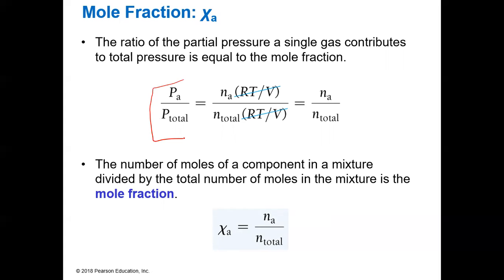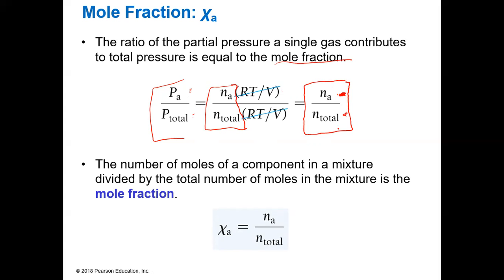But I could substitute in for the fact that the only difference between my P_A and my P total is the number of moles, because again, RT over V is the same for the whole mixture. So then it would just be what is called a mole fraction. It's your number of moles of the A part over the total moles in a fraction, so it's a mole fraction.